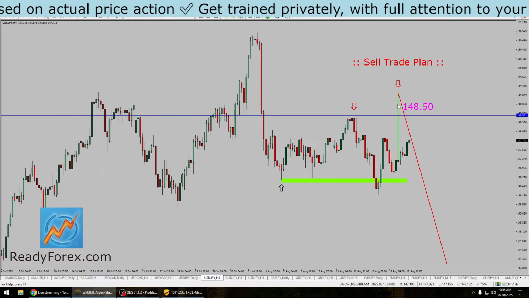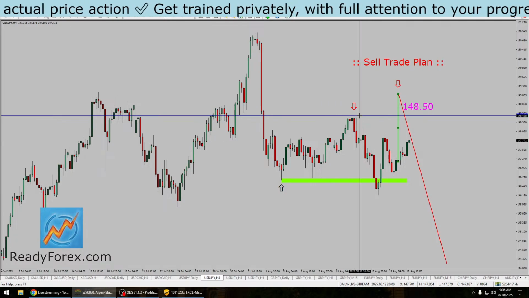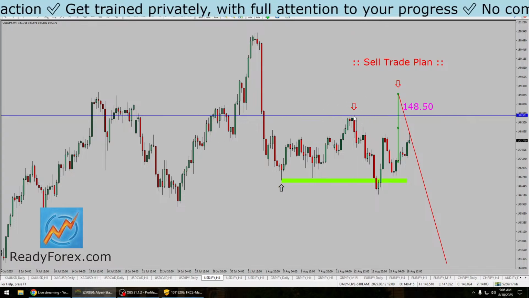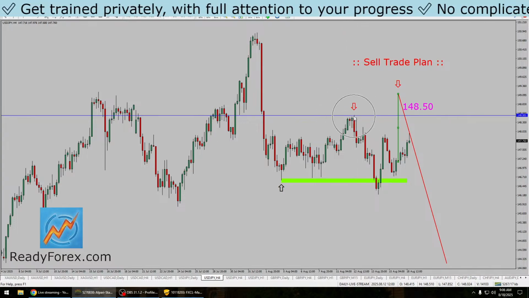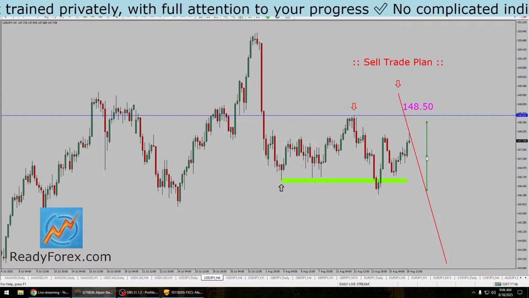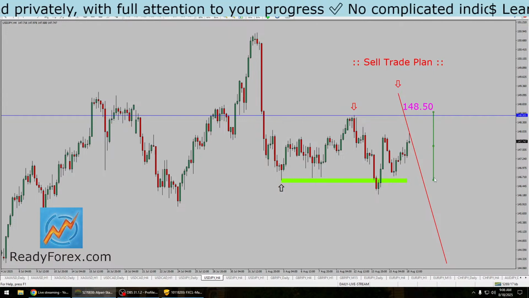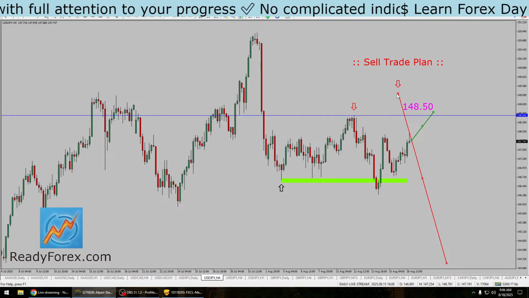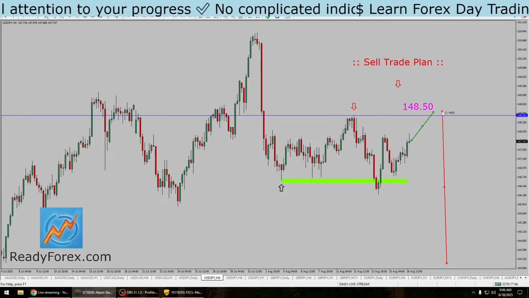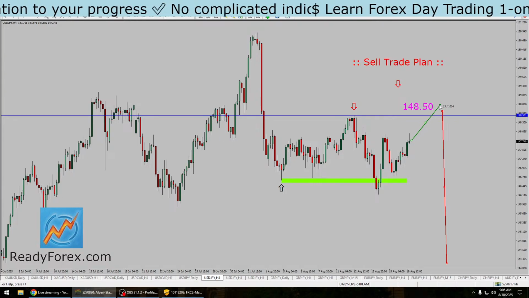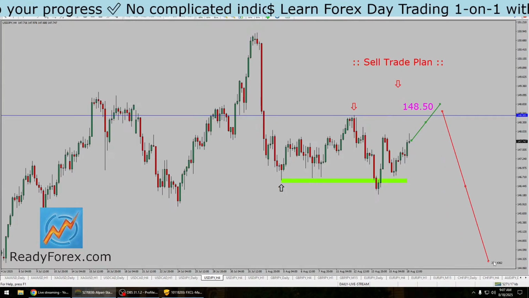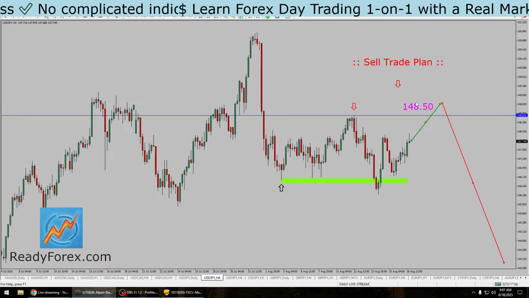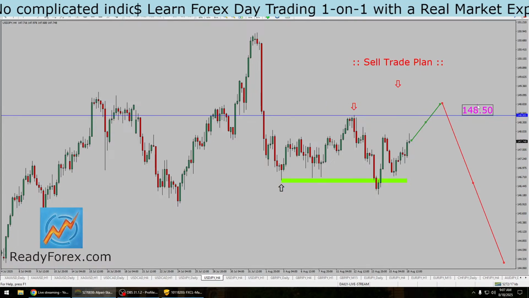Next one is the 4 hour. 4 hour, this was the sell setup right over here, 148.50, where this red color arrow is. That was a nice sell trade. Now price action might try to retest 148.50 level, and if it hits it, then see market is probably going to break higher first and show us a false breakout, then look for a potential sell trade to set up there.